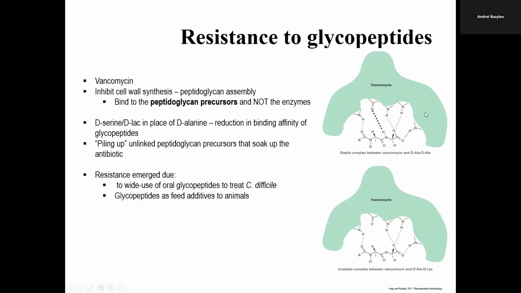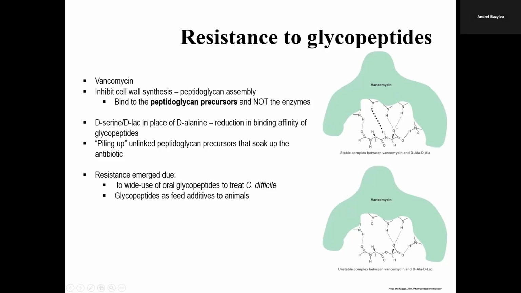So vancomycin stably attaches to the precursor because of the multiple hydrogen bonds that are being formed between the vancomycin and the D-alanine residues of the peptidoglycan layer precursors. So you have multiple hydrogen bonds being formed, 1, 2, 3, 4, right?